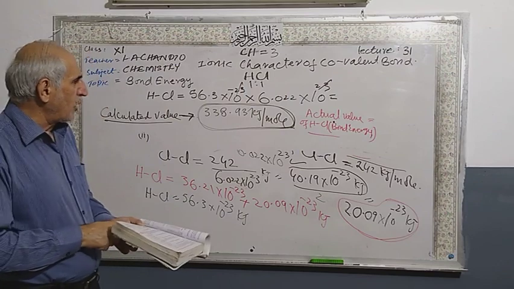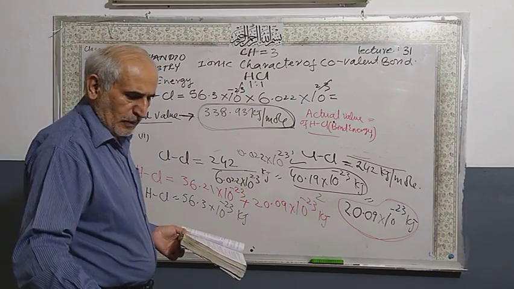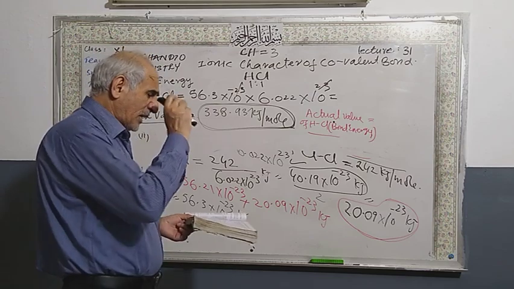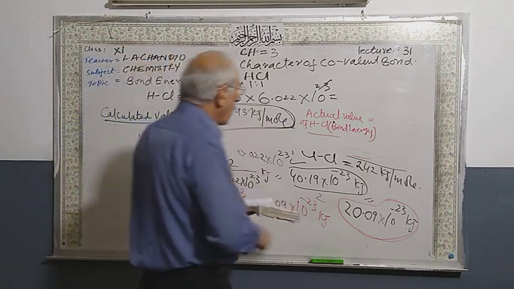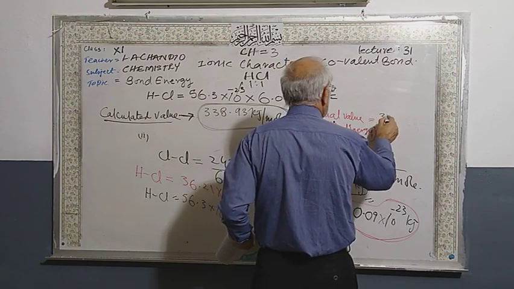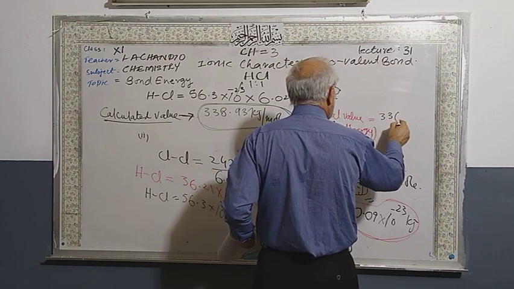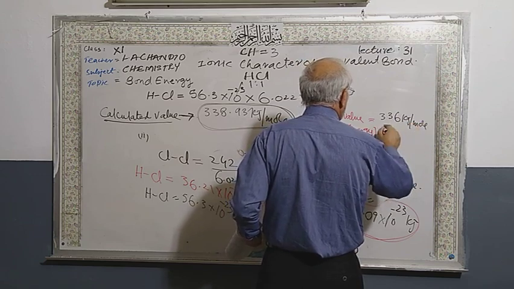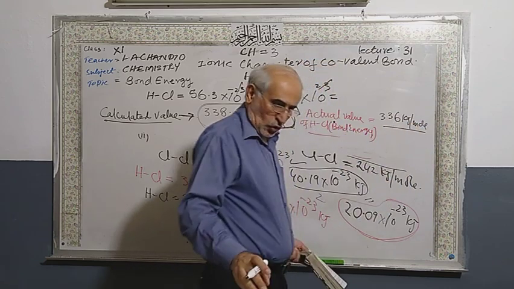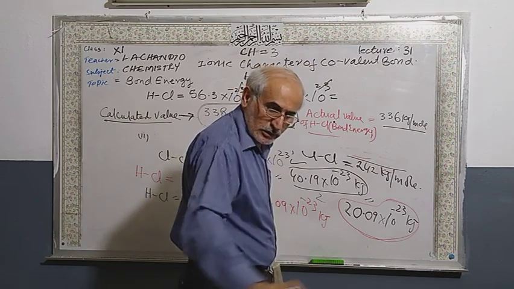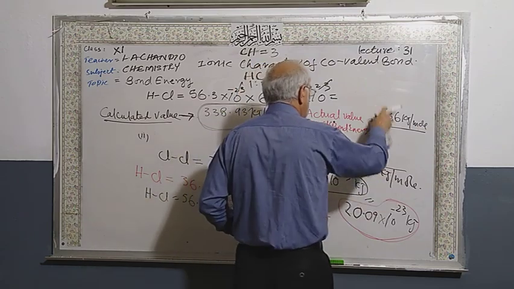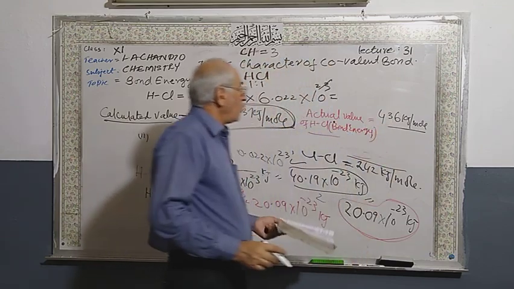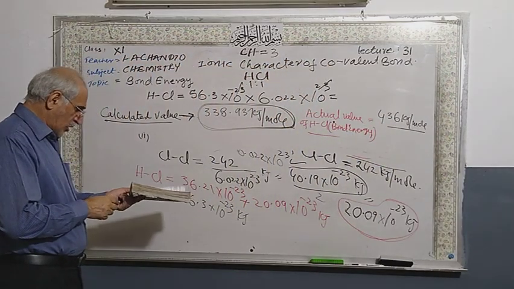The actual value of the hydrogen chloride bond energy, which is determined by experiments, is 436 kilojoules per mole.